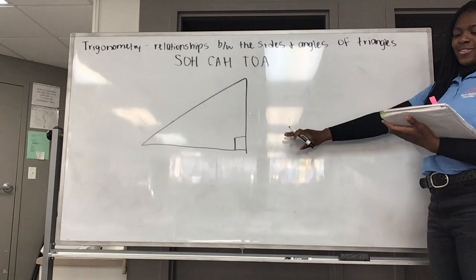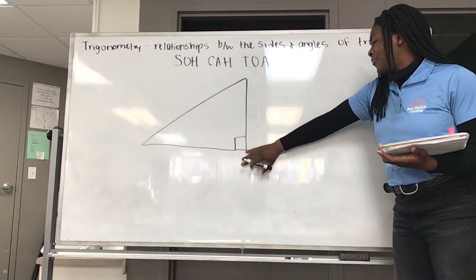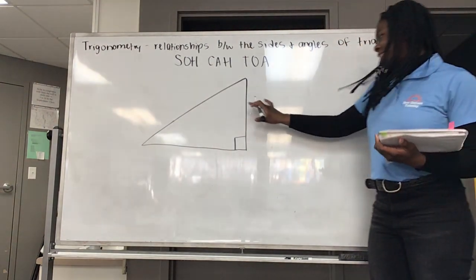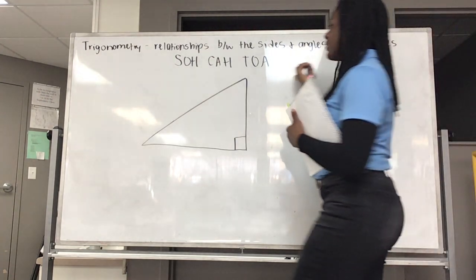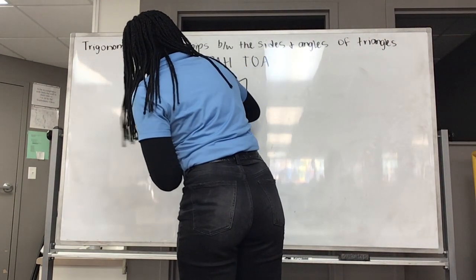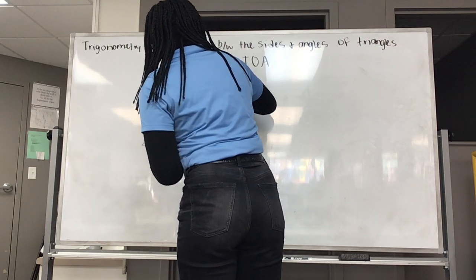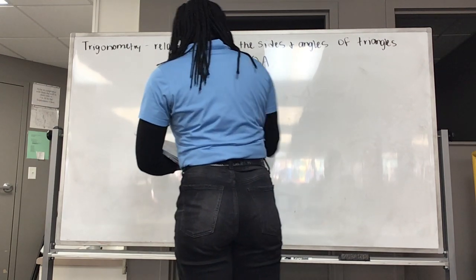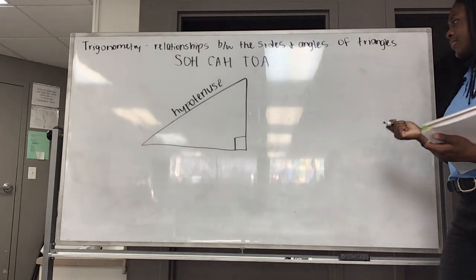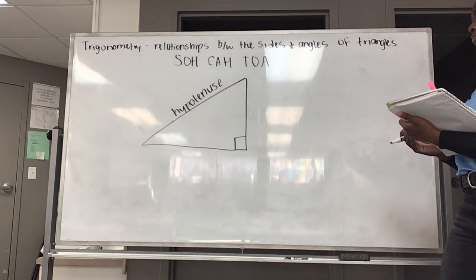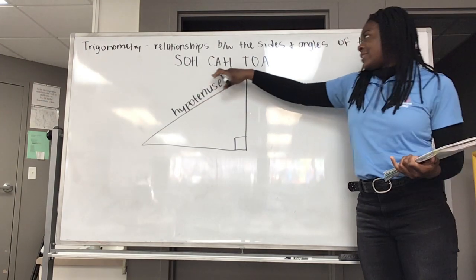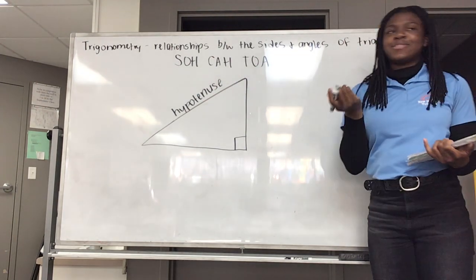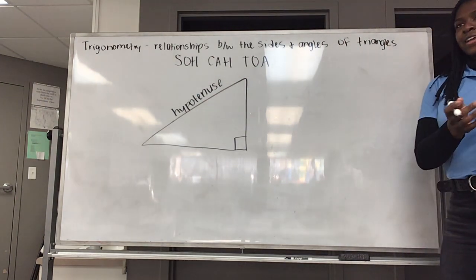Okay, so here's my right triangle. These two sides are the legs, and the side across from the right angle is called the hypotenuse, so I'm going to label that. Okay, so SOHCAHTOA deals with something called sine, cosine, and tangent.